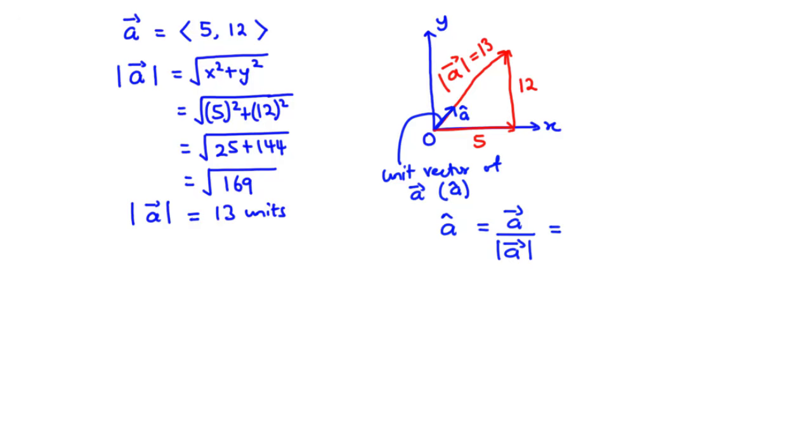Now we have vector A to be 5, 12. So we divide through by the magnitude of vector A, and basically we are going to divide each component of vector A by the magnitude of the vector. So we have 5 divided by 13, comma 12 divided by 13.